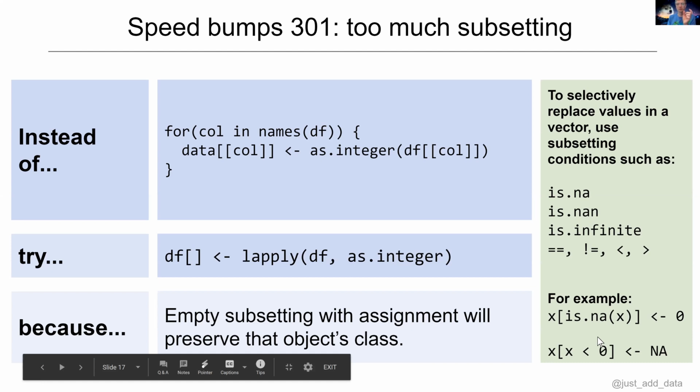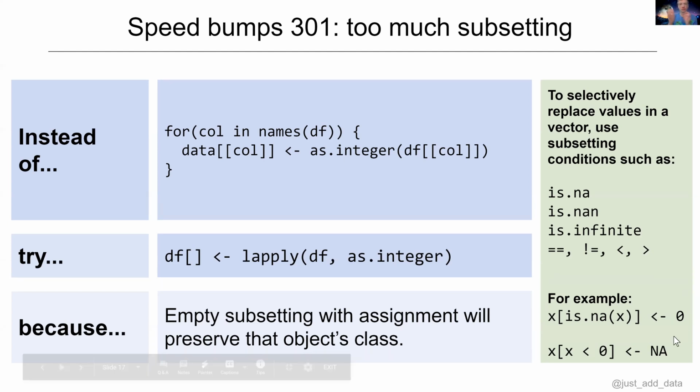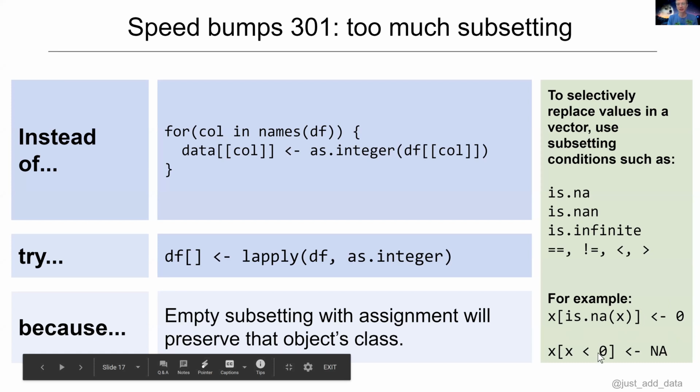You just use square bracket assignment and you subset the vector according to some condition and then just overwrite all of the values that have that condition with some new value. Okay, so this is pretty slick. You don't have to do a for loop for this. You can just use square bracket subsetting.